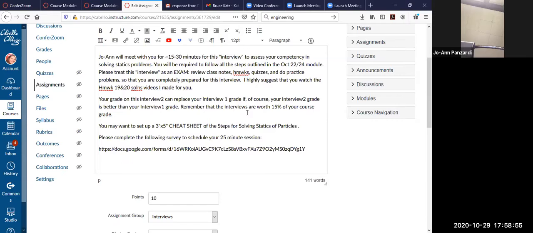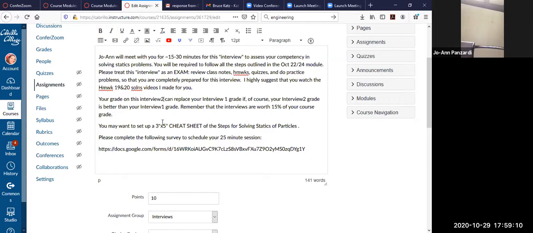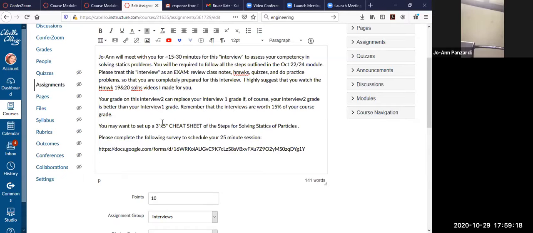If you get a 9 on interview 2, I'm going to replace the interview 1 grade of 6 with a 9, and you'll have 2 9s. Okay? If you get a 6 on 2, but you got a 9 on 1, your 9 stays. Good deal. But you guys are not going to get 6s because you're going to prepare and you're all going to get 9s and up.